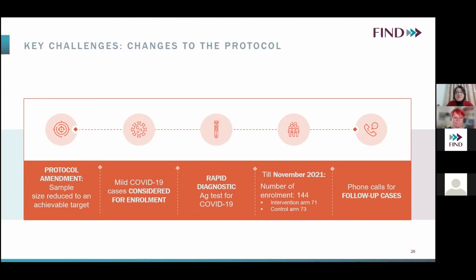So here, what we have considered for the enrollment is mild COVID cases with rapid diagnostics for COVID-19, and rapid diagnostic antigen tests have also been considered. And if I have to give the number, till November 2021, there have been 144 patients, 71 in the intervention arm and 73 in the control arm.